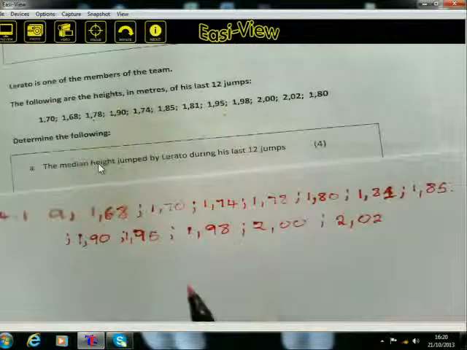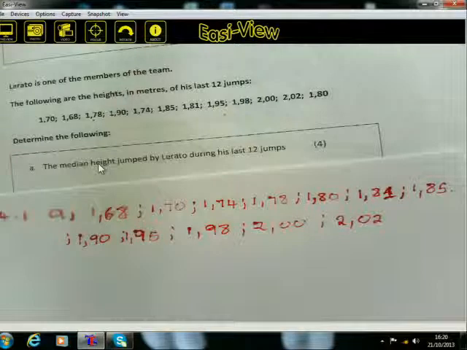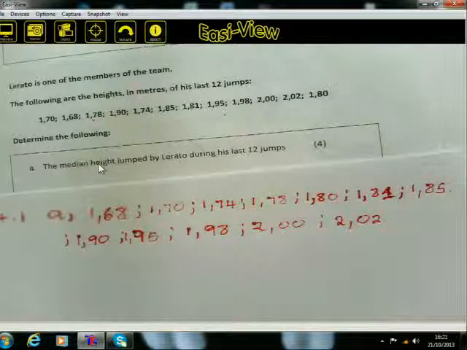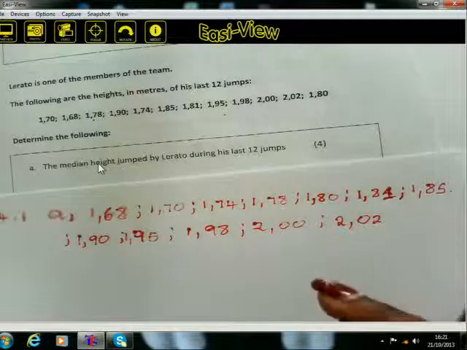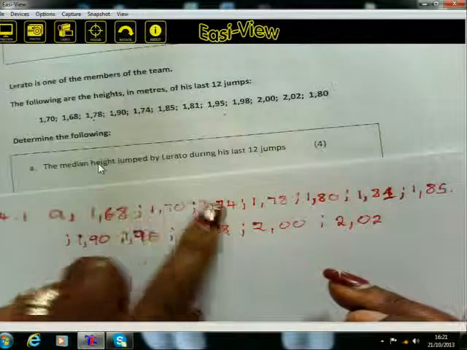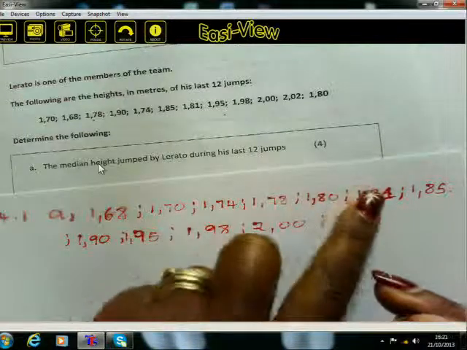Meaning now, as we have 12 numbers, you know that 12 is an even number. So it means that we are going to have 2 middle numbers. So let us check how you are going to get 2 middle numbers. You can start on your left. 1, 2, 3, 4, 5, 6.